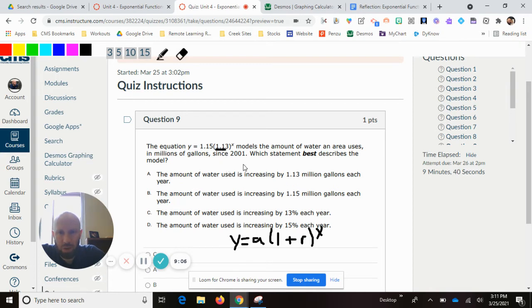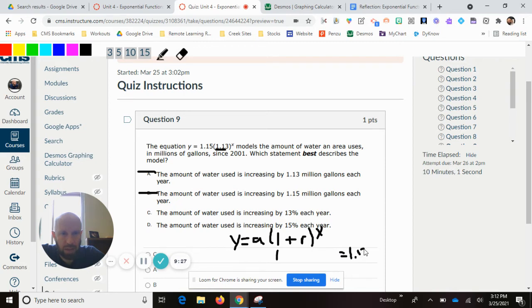This value is the growth value, so increasing, no, but we're multiplying by, so it's not increasing by, that would imply we're adding.